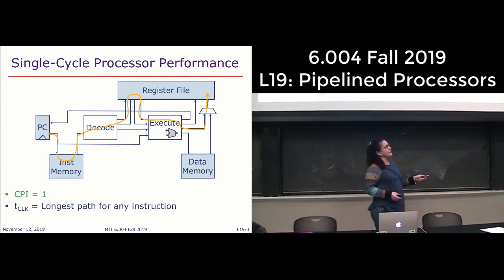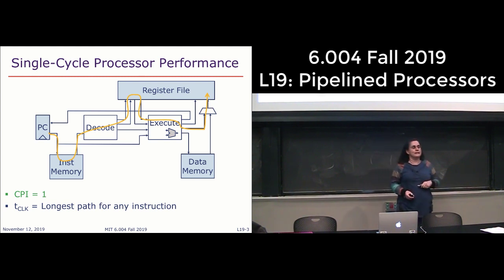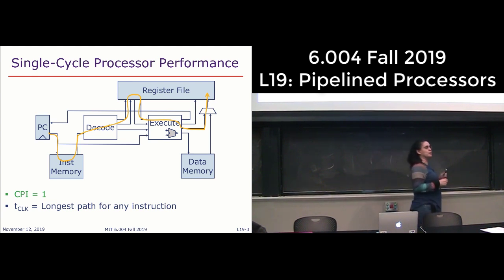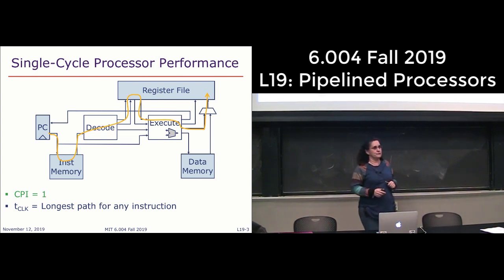That's passed to our instruction memory in order to fetch the next instruction. Once we have the instruction, we can decode it, and then we read the source registers. We then use the values of those registers to perform some operation in our ALU, and then we take the result of that and write it back to our register file.